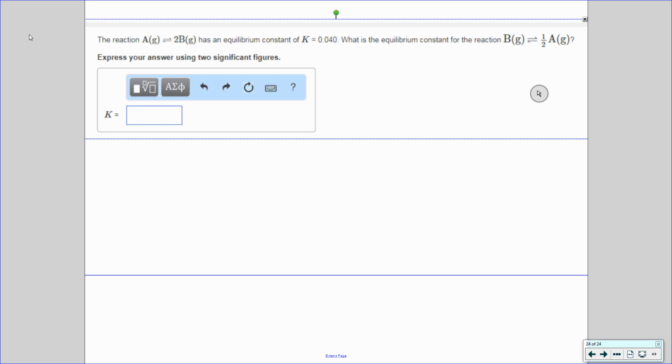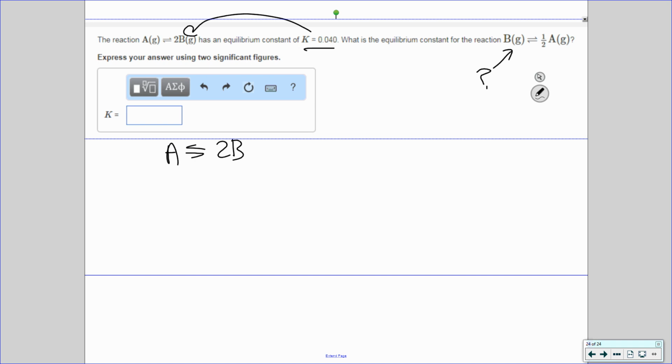So this one, the reaction is A yields 2B, and I know the value of K for it. But what I want to know is what is the K for this other reaction.